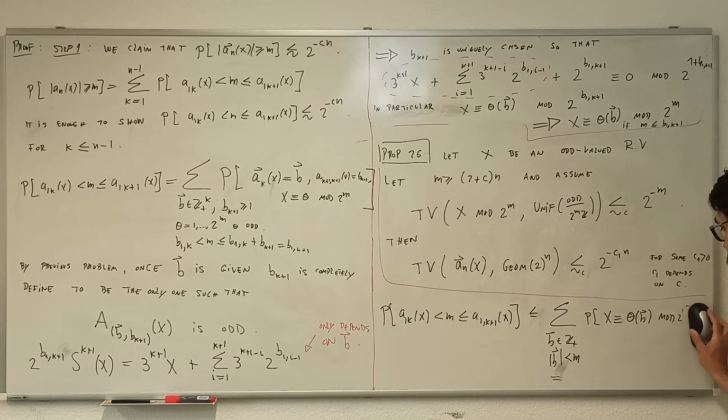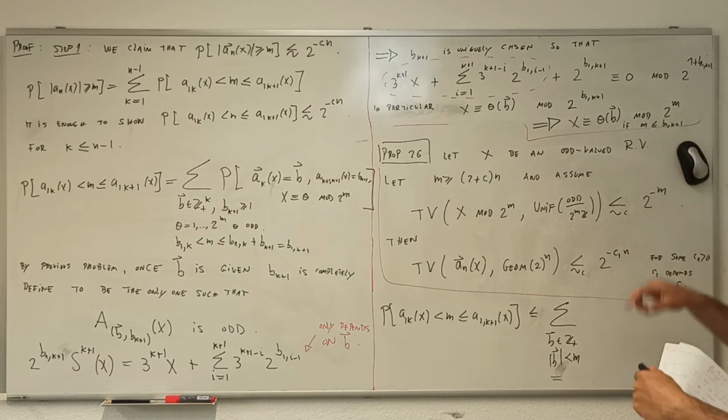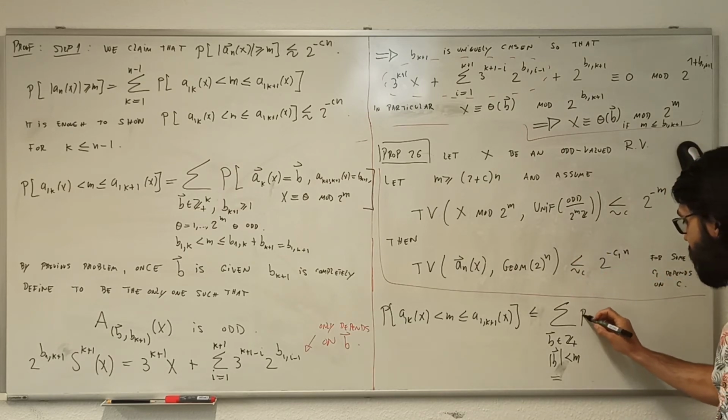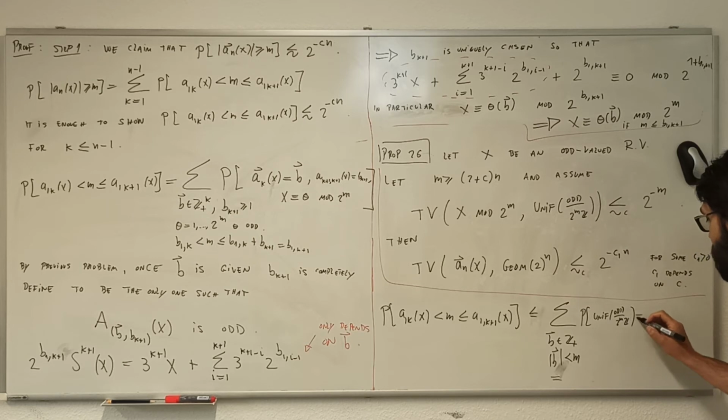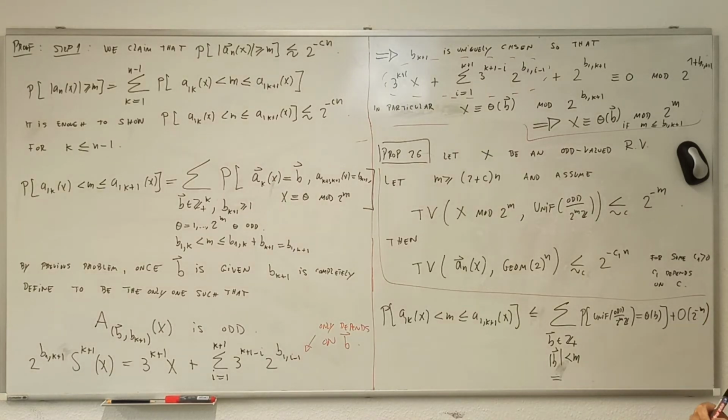This thing will be equal to the probability of the uniform distribution being equal to a certain theta_b, plus O of this, because of this bound.